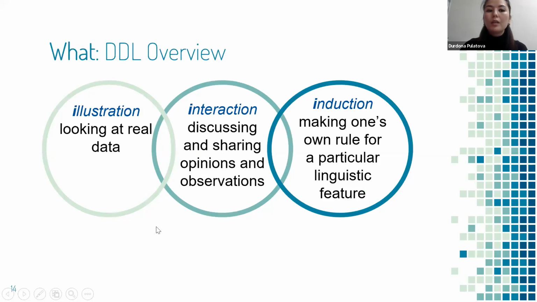On this example, the students or the teachers looked at the real data, discussed and shared opinions and observations, and they made their own rule for a particular linguistic feature of make.